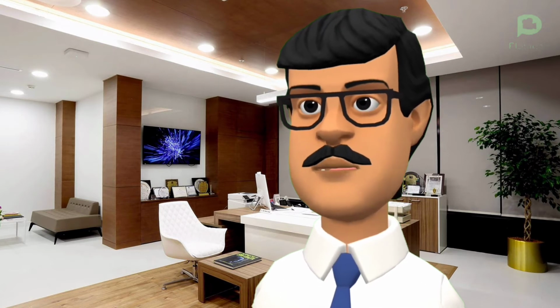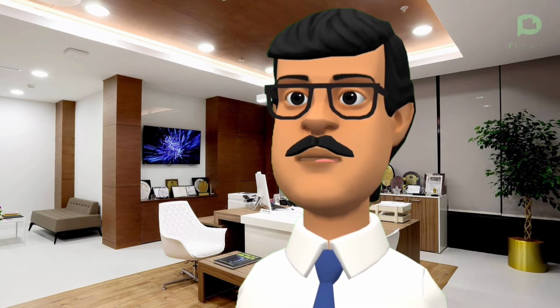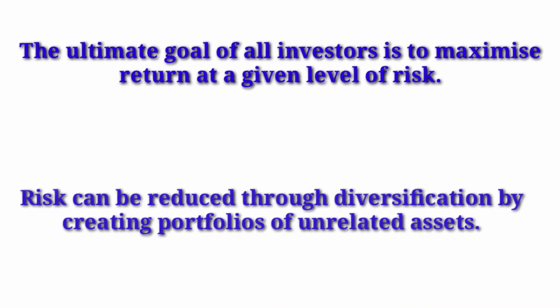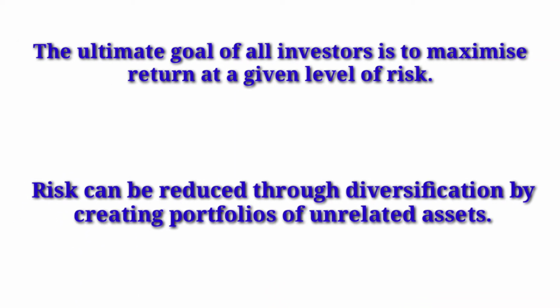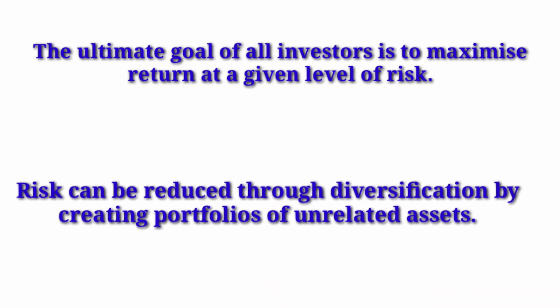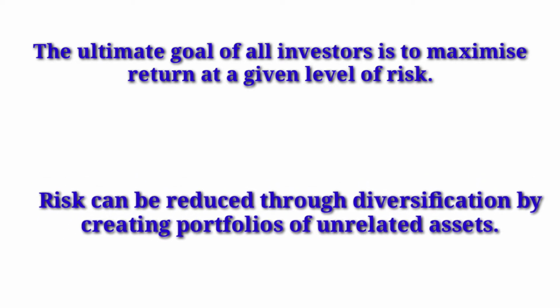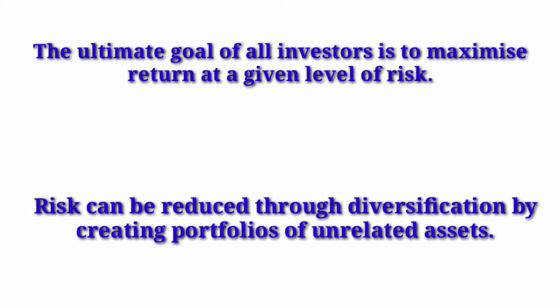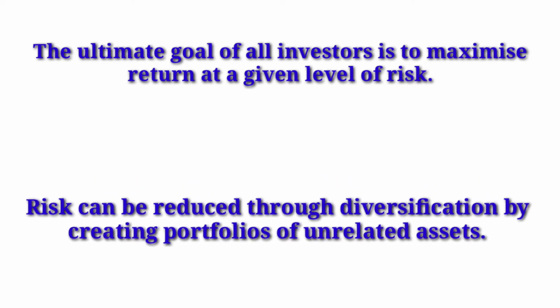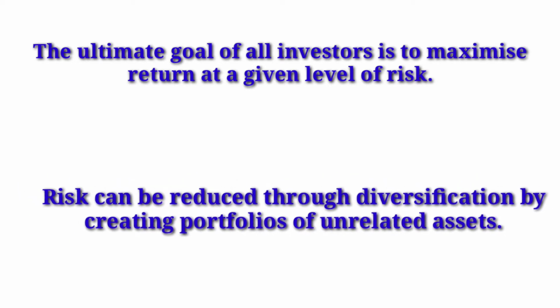The two major concepts in modern portfolio theory are: the ultimate goal of all investors is to maximize return for any level of risk. Risk can be reduced through diversification by creating a portfolio of unrelated assets.